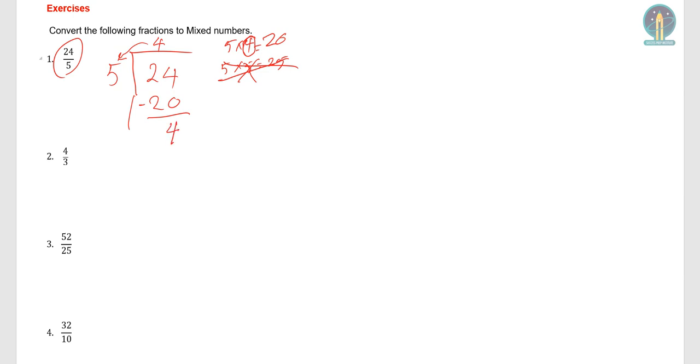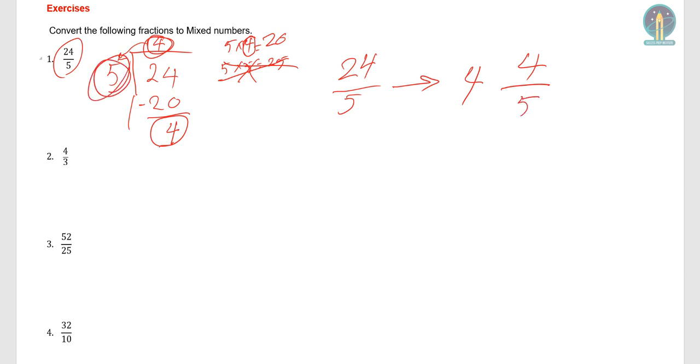So then my 24/5 becomes 4, again, you write the whole number, and then a fraction containing the remainder, which is also 4, and then divided by the denominator, which is 5.